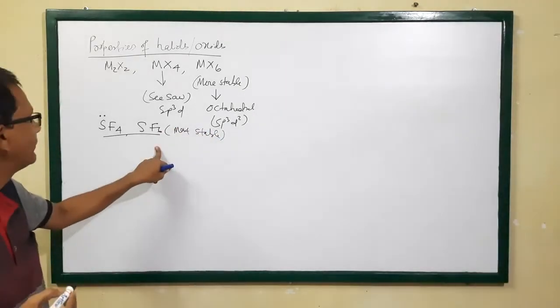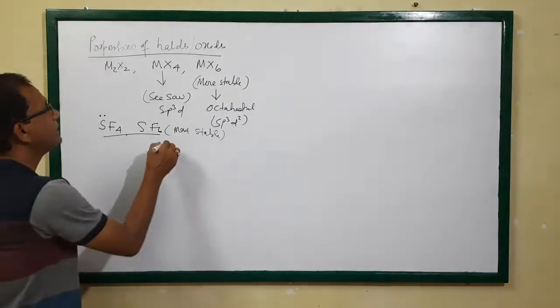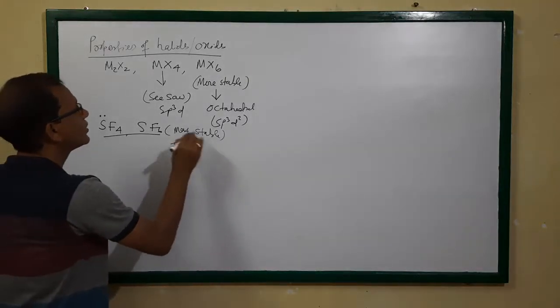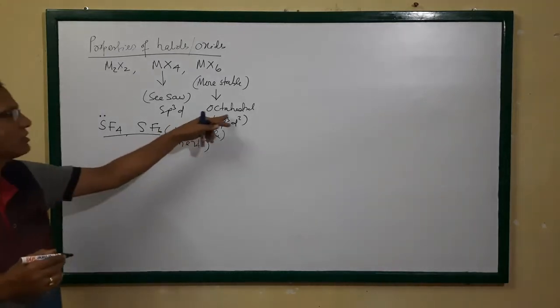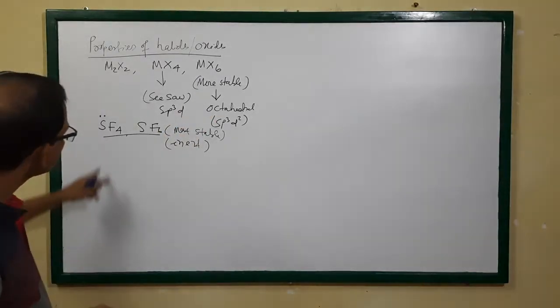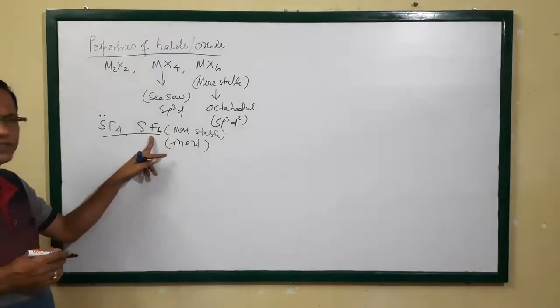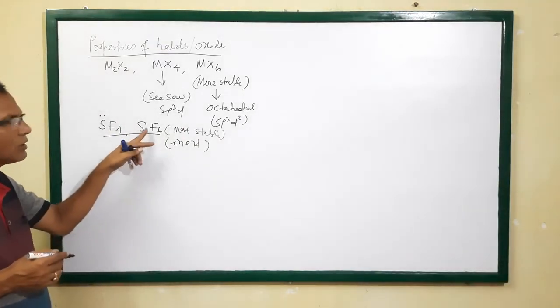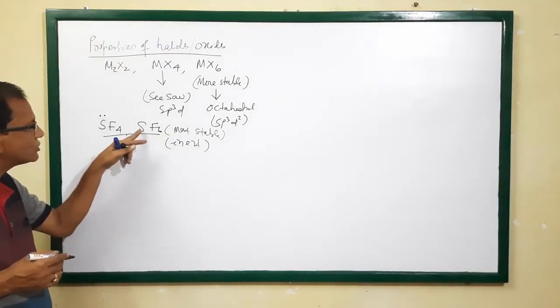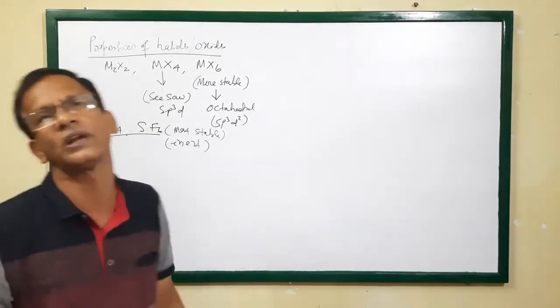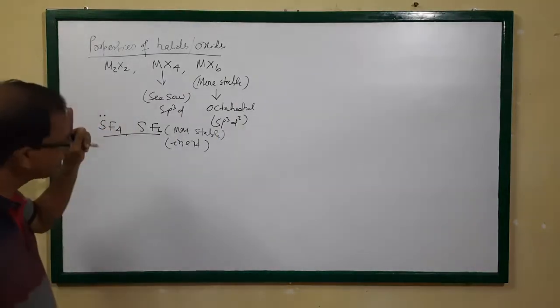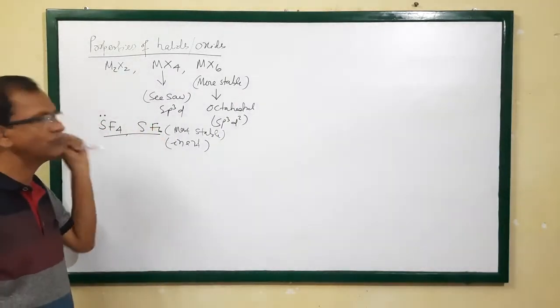SF6 is more stable, with inert behavior, and the structure is octahedral. It cannot be hydrolyzed because a water molecule cannot enter to the sulfur atom, because the six fluoride atoms cover the sulfur atom. That's why it is chemically inert and more stable.